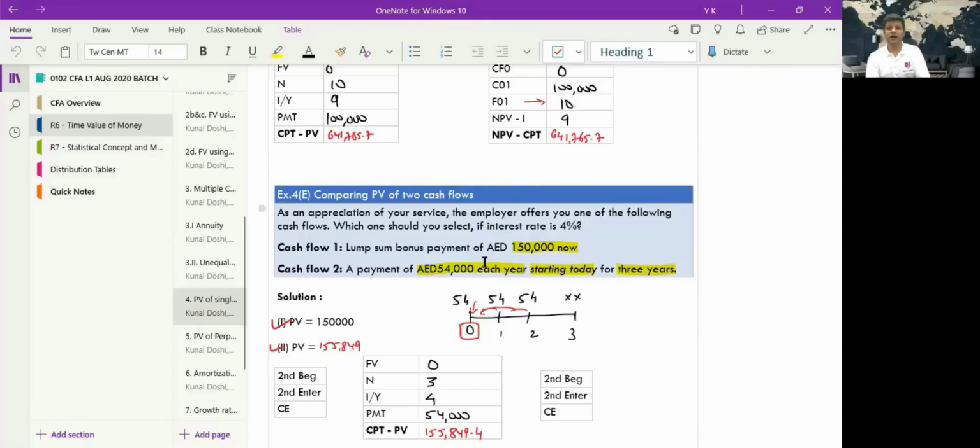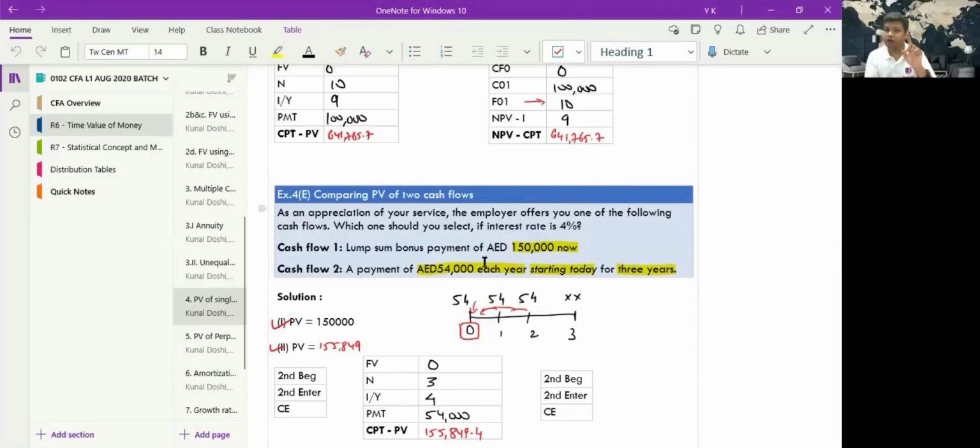This is because you had set the calculator at end mode, it gave you a lower value, but your cash flow is immediate, right? So it should be more. So I add that more here. Now, the second thing that you were saying, I'll come to that. So let's take the 54,000 present value of only 2 cash flows.